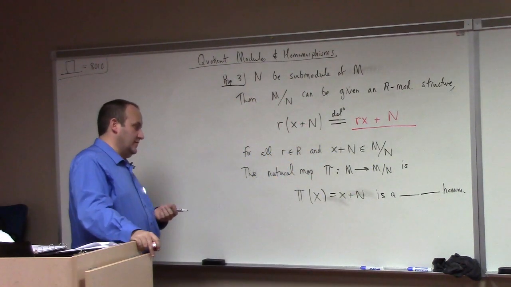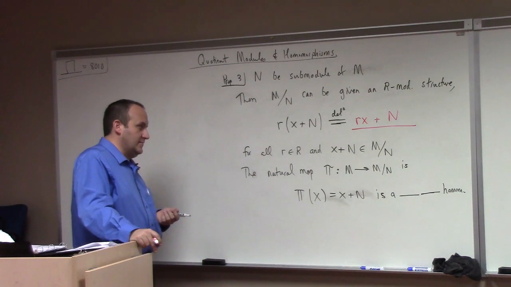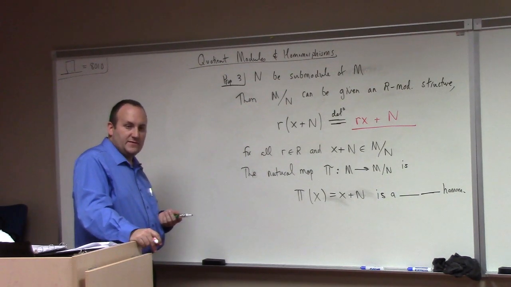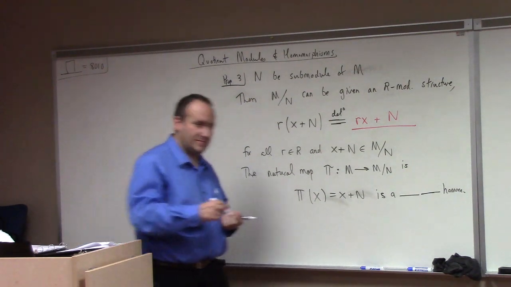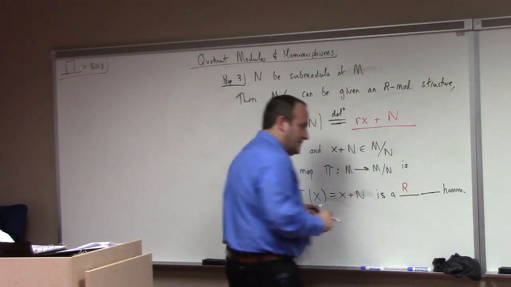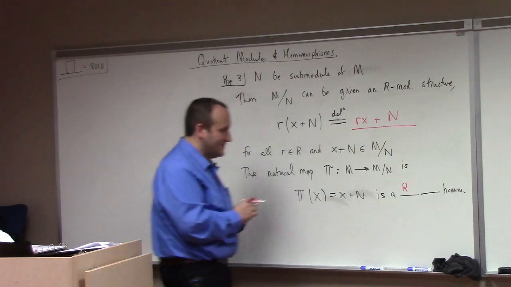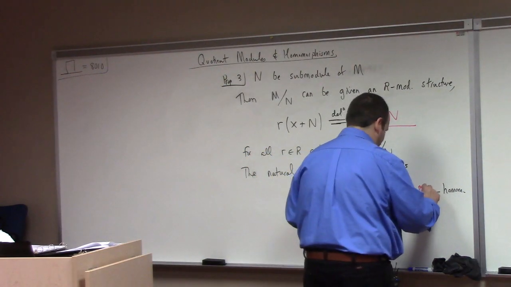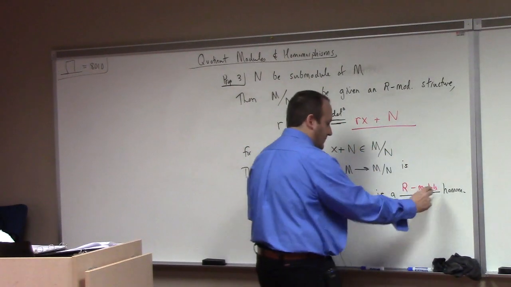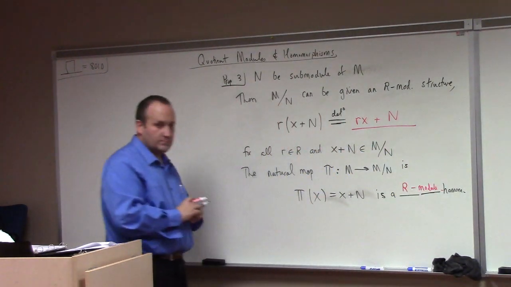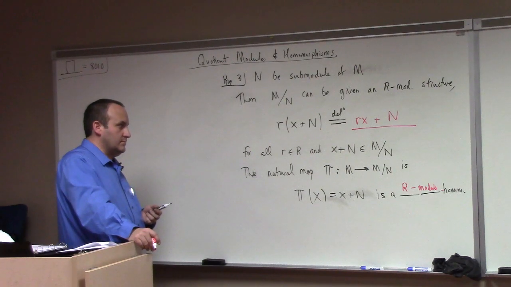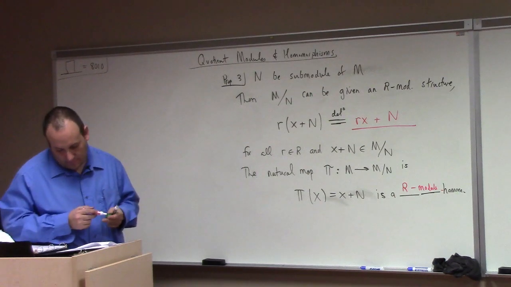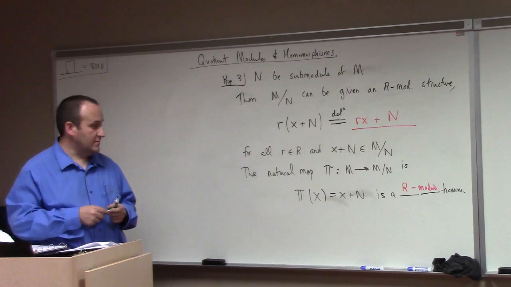And what do you think pi, mapping from M to the quotient of M by N, is? It's an R module homomorphism, yes. What's the kernel of pi?